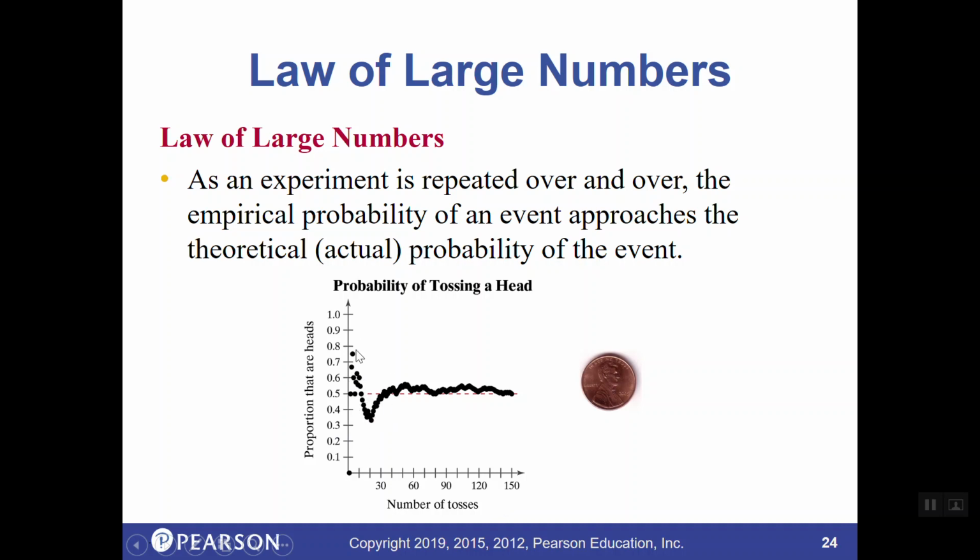But if you do it so many times, 150 times, you will see that it gets close to 50% of your tosses being heads and 50% tails. So that's what it comes to, 50% each. It is done so many times, so it's based on the law of large numbers. The more you do it, the closer you're going to get to the theory.